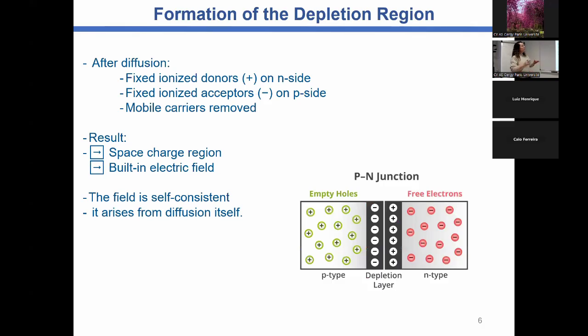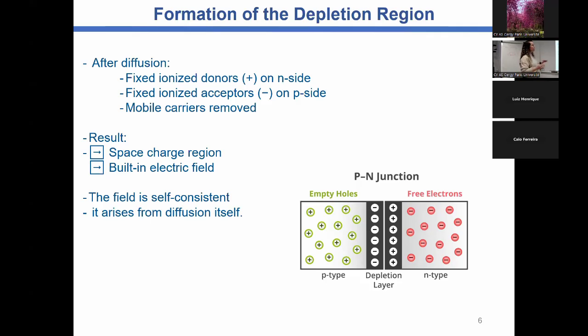Okay, so after the diffusion, the movements of the electrons and holes to one side and the other, we have fixed ionized donors, positive, on the N side.